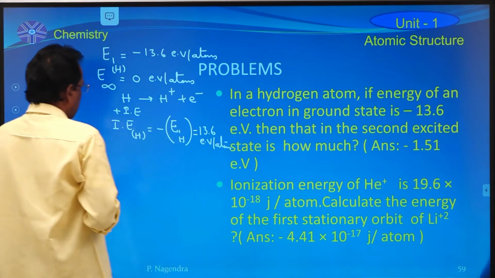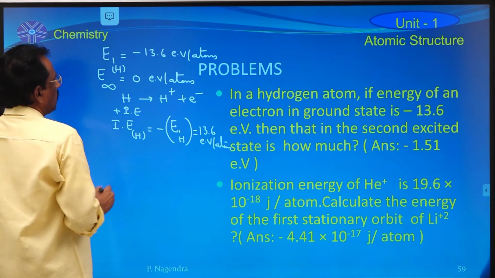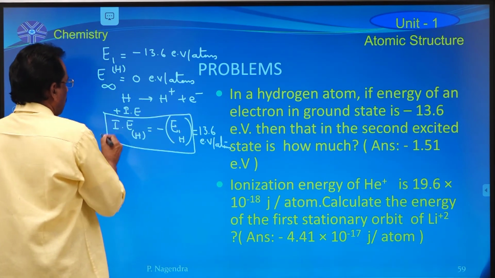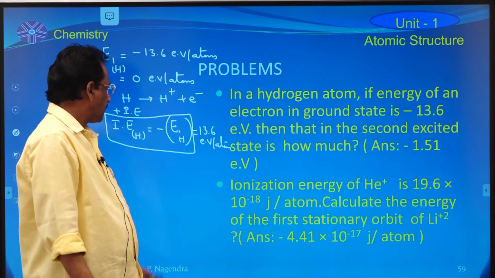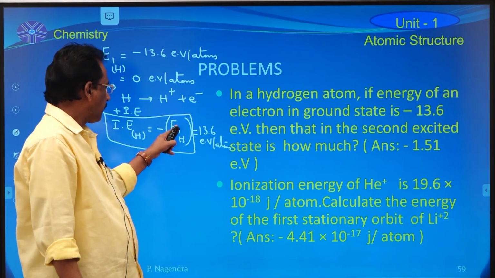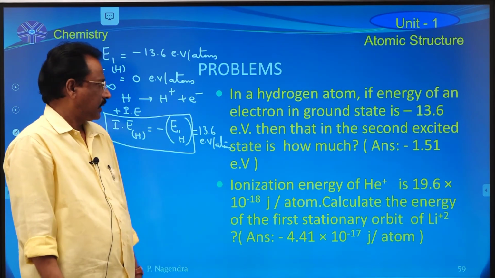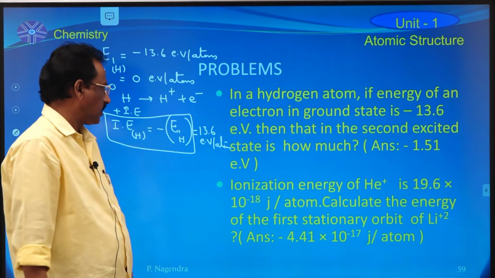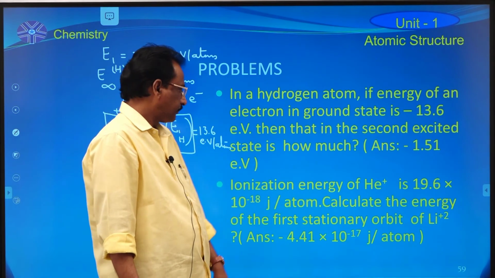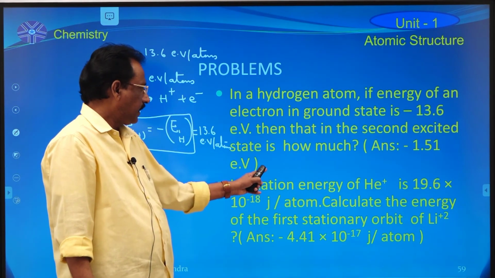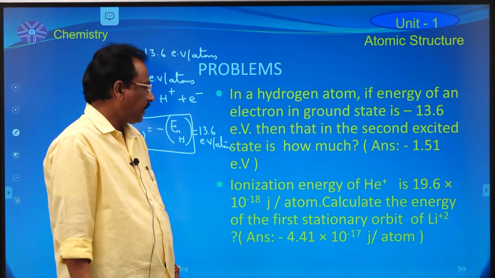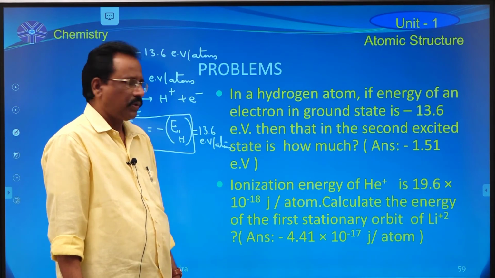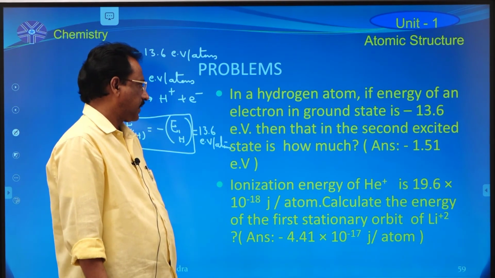So, a very important point is that the ionization energy of hydrogen atom and hydrogen like ion is equal to minus E1 of that hydrogen atom or hydrogen like ion. Now apply this concept to He plus. The ionization energy of He plus is nothing but minus E1 of He plus.